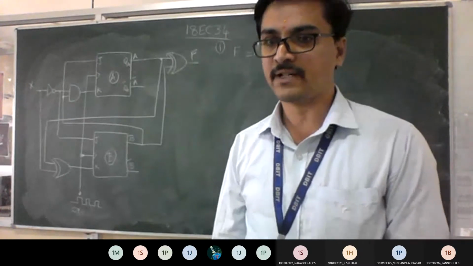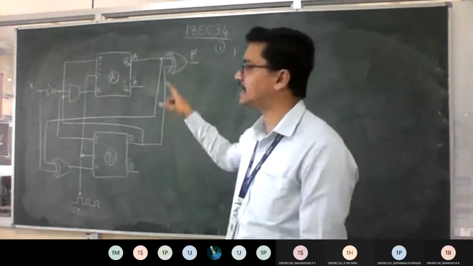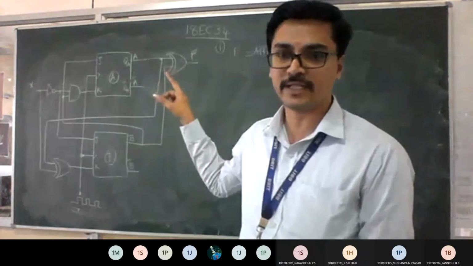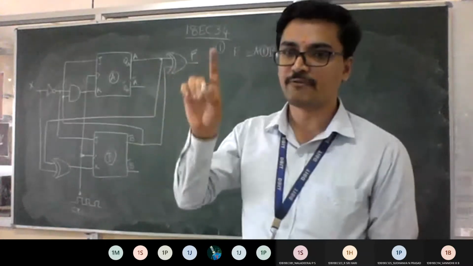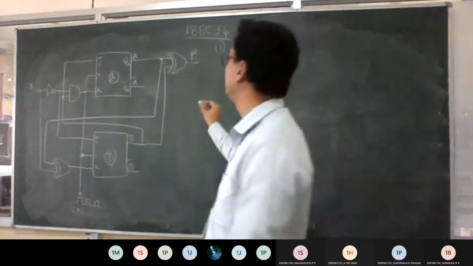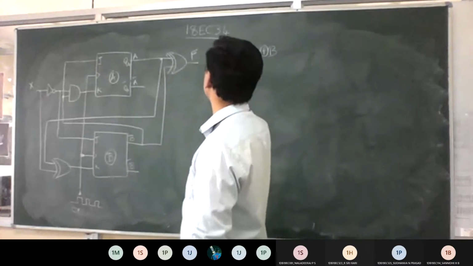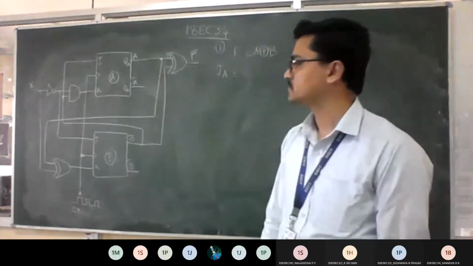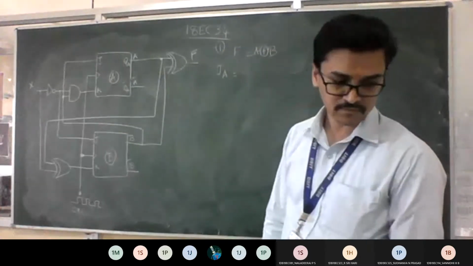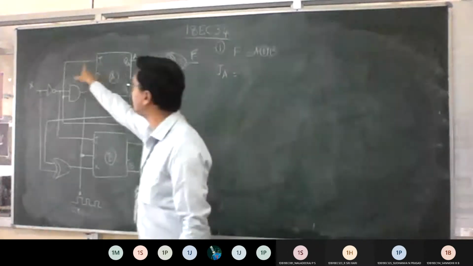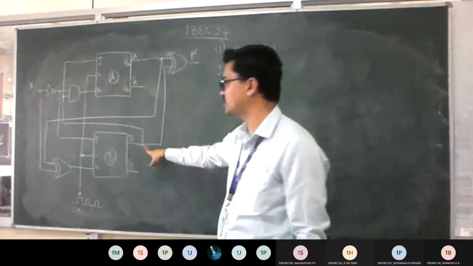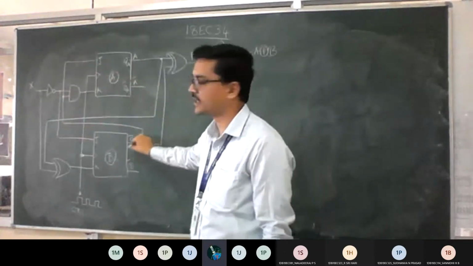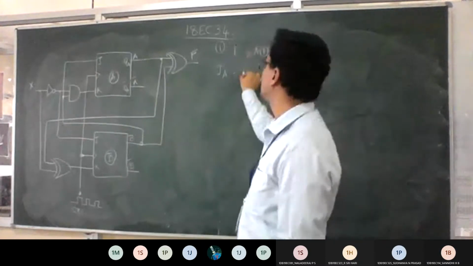From this, we need to write the individual flip-flop inputs. I'm stressing flip-flop inputs. So what is your JA equal to? Look at the connection for JA. JA is connected to this B. So can I claim JA is equal to B?